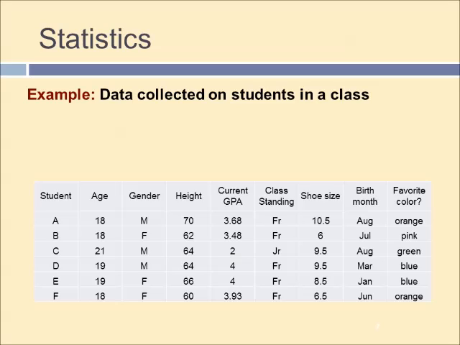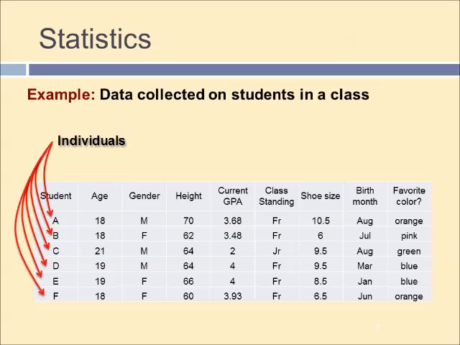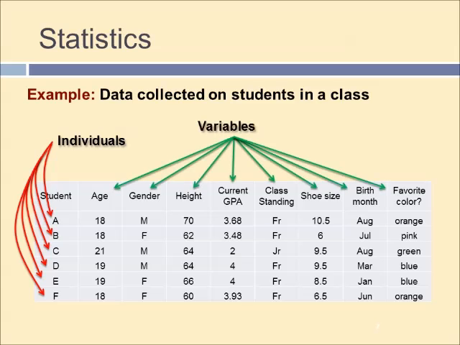So suppose we have some data that were collected on students in a class. The individuals are the individual students, here identified with the letters A through F. We have a total of 8 variables. These are characteristics of the students: the student's age, gender, height, GPA, and so on down the list.